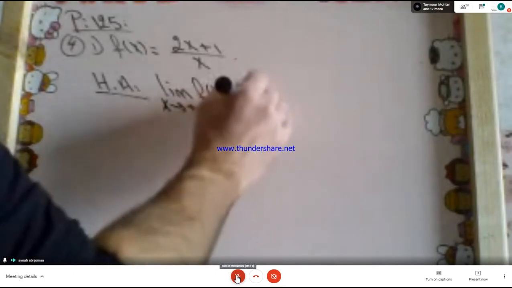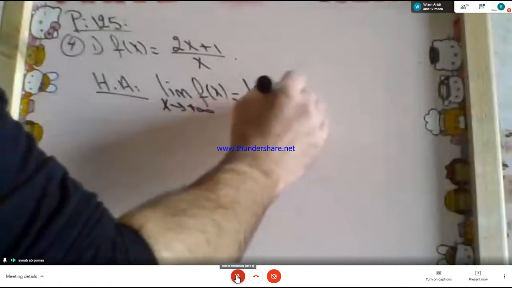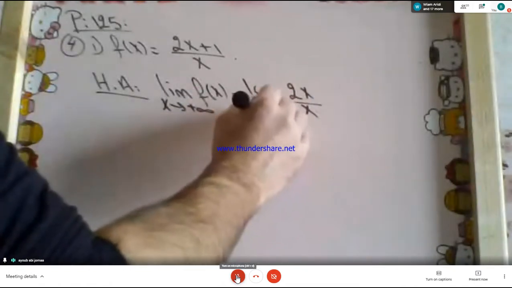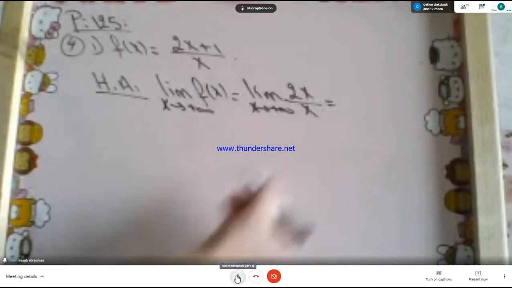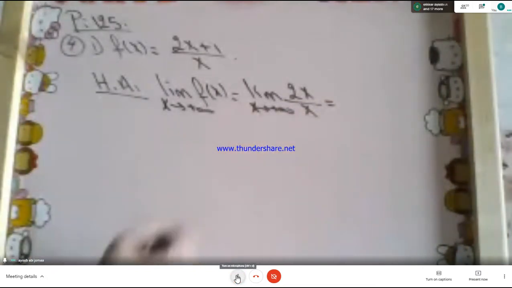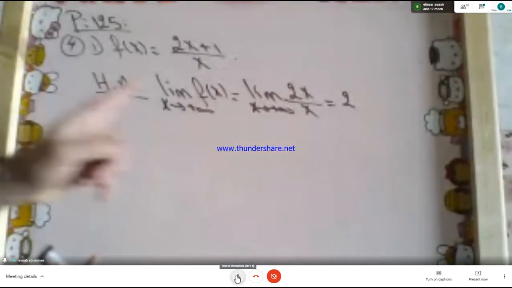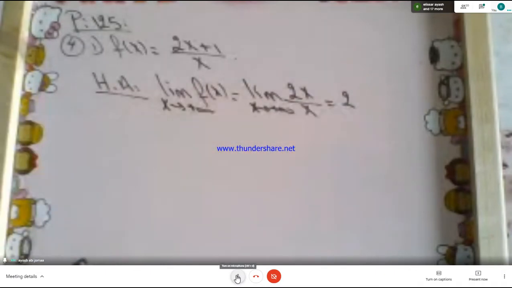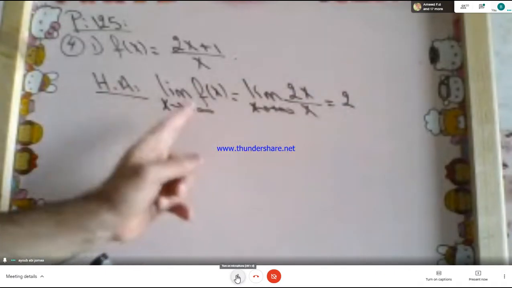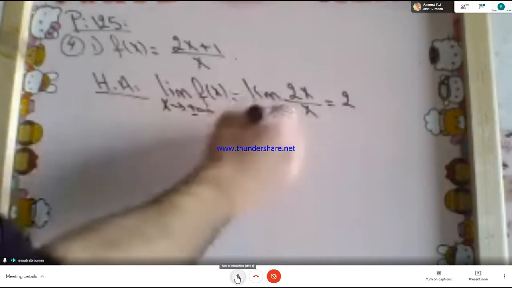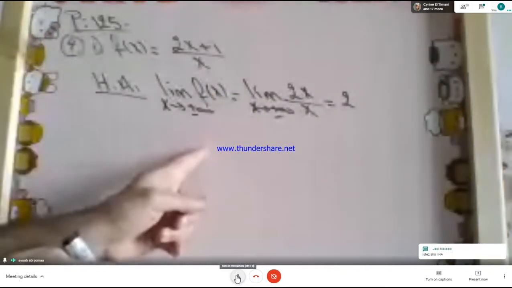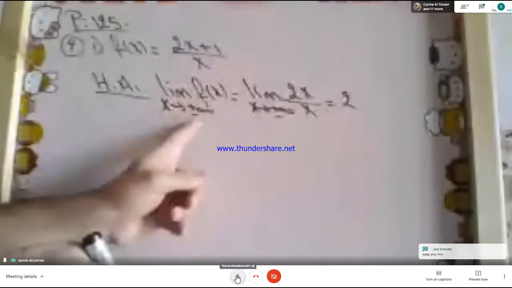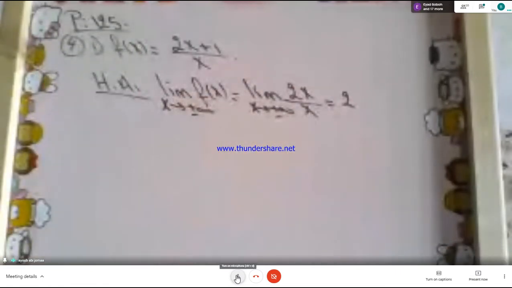So it is the limit of 2x over x as x approaches positive infinity, which is equal to, after simplifying, 2. The same idea for negative infinity. But the limit at infinity is 2. The limit at infinity is a number. What can we deduce?